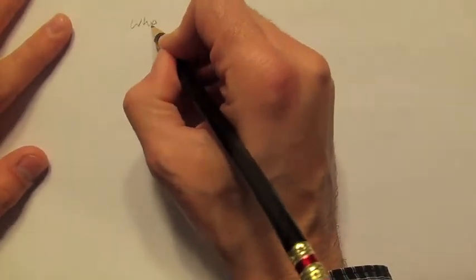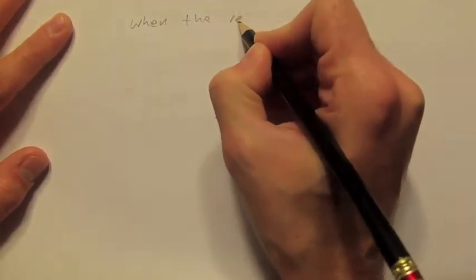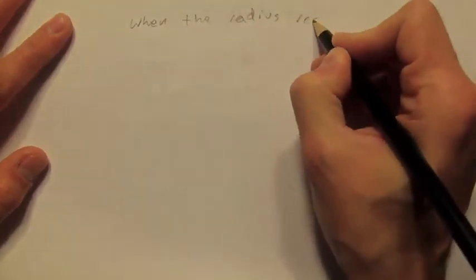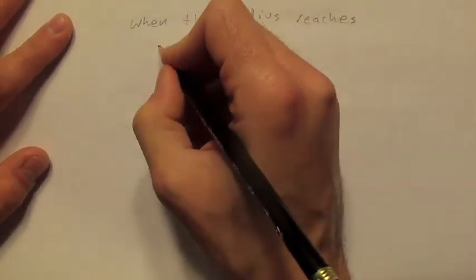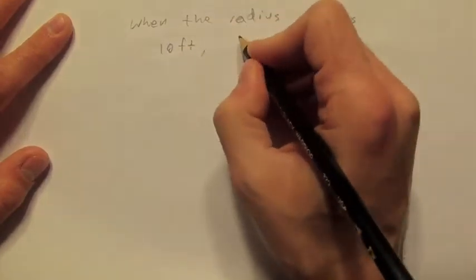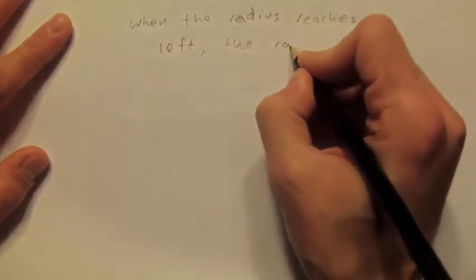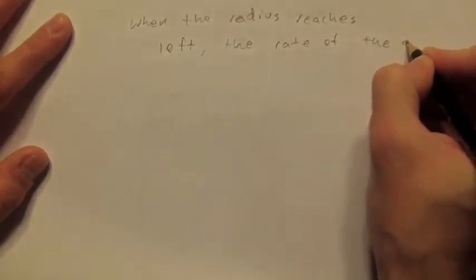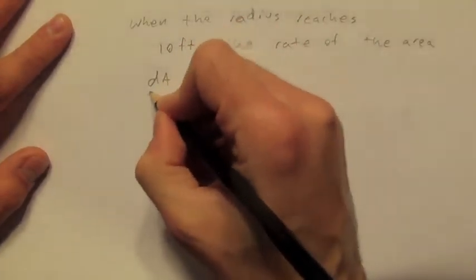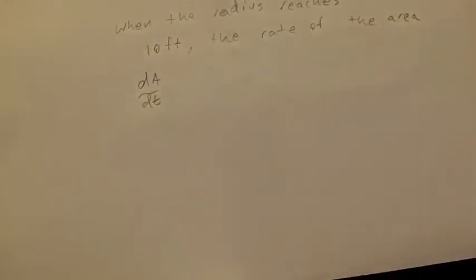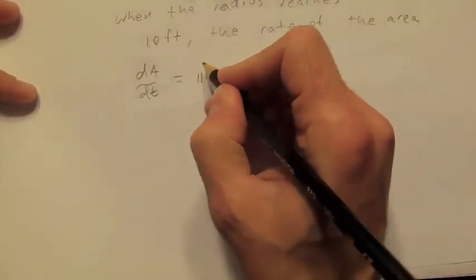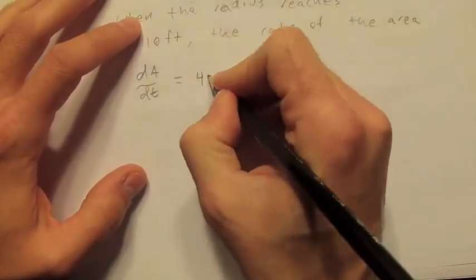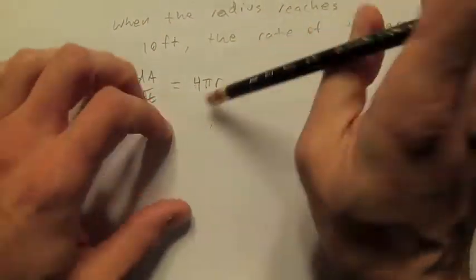When the radius reaches, let's say, 10 feet, the rate of the area, dA/dt, which we found was 4 pi r feet per second, is going to be 4 pi r feet per second.